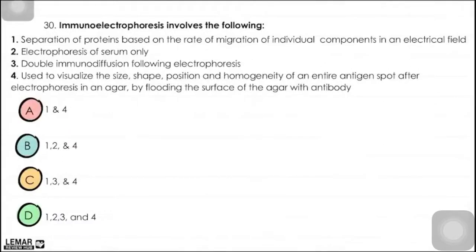Number 30, immunoelectrophoresis involves the following. Number 1, separation of proteins based on the rate of migration of individual components in an electrical field. 2, electrophoresis of serum only. 3, double immunodiffusion following electrophoresis.